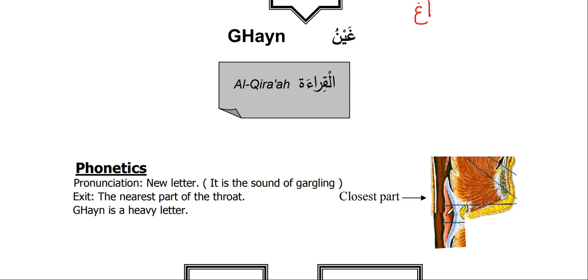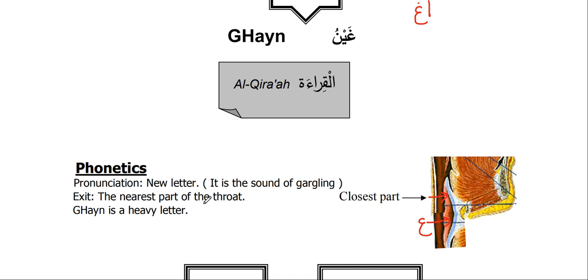It is also from the closest part of the throat, that is the much upper part, ain from this part and ghain from this part above your middle throat. It is the first part of your throat where you push your morsel down your gullet.